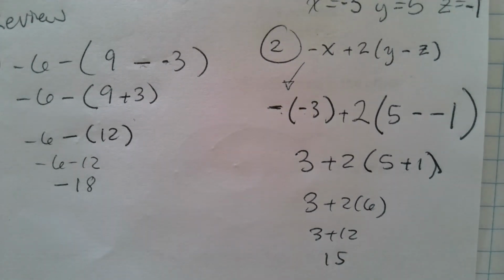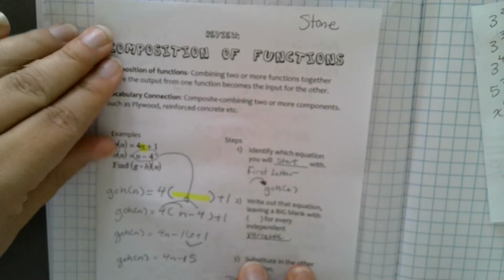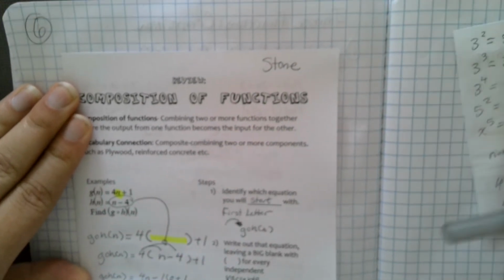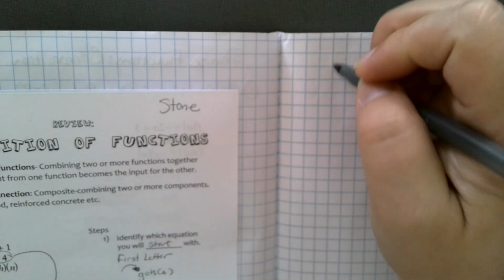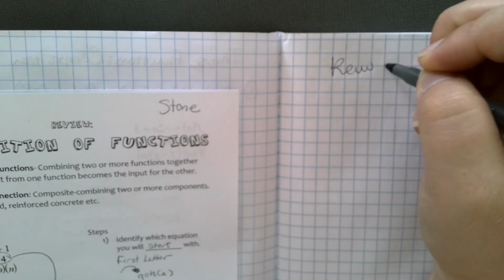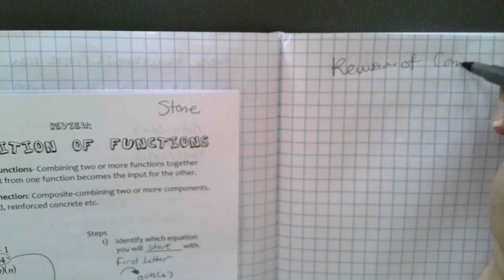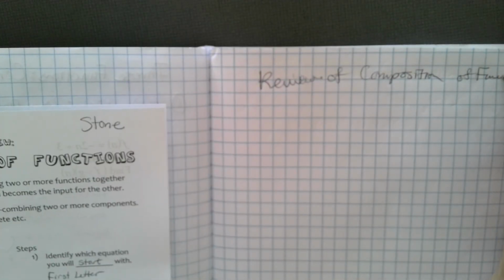I expect your work. I'm going to zoom out. This needs to get glued in right here on page 6. I will. Just let me finish this for the video for the online kids and I'll go back. Okay, this needs to go on page 6. On page 7, I need you to title the exact same thing. So it's going to be review of composition of functions.